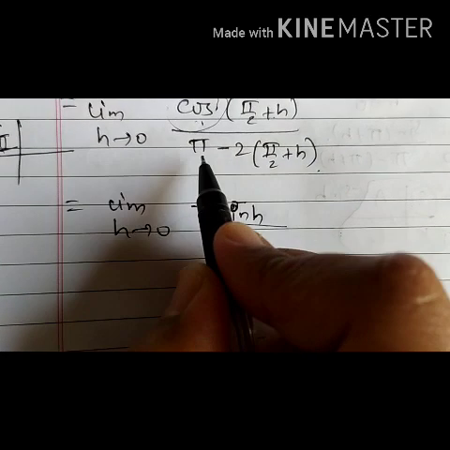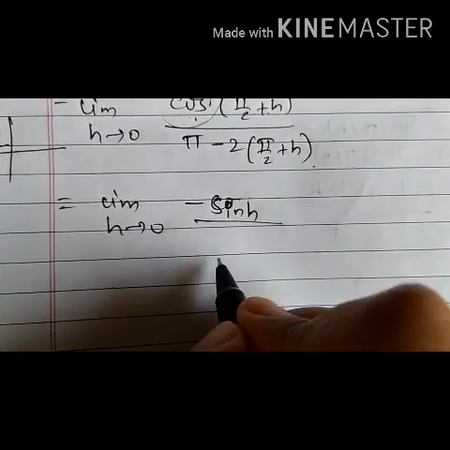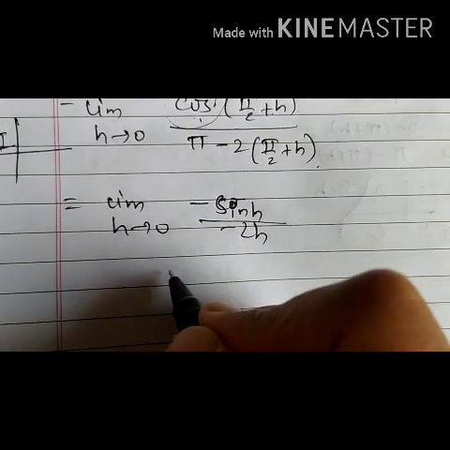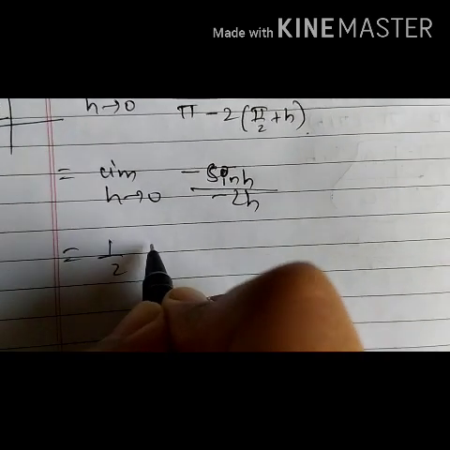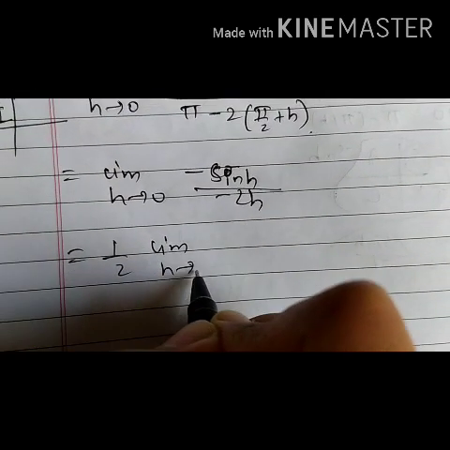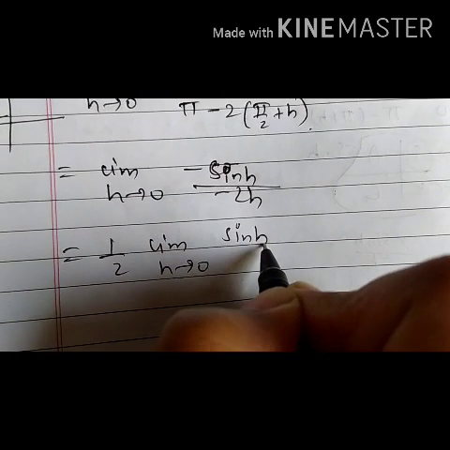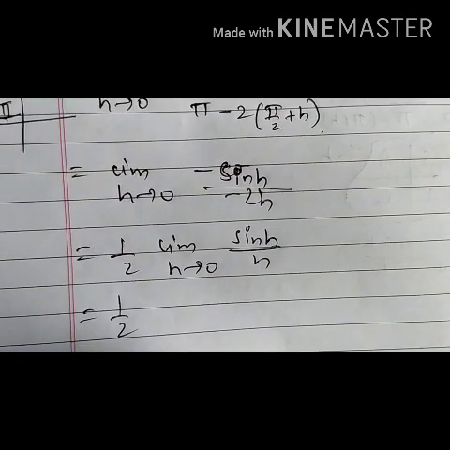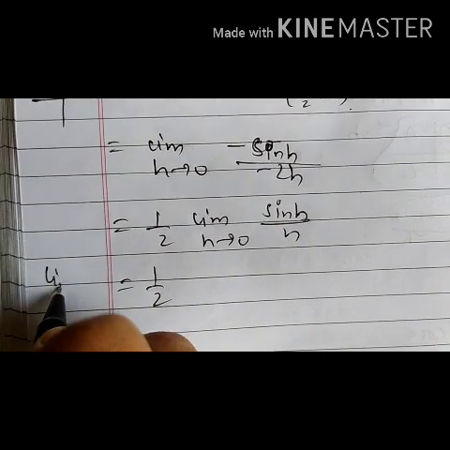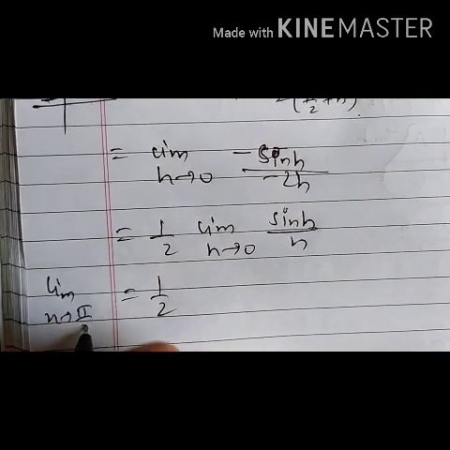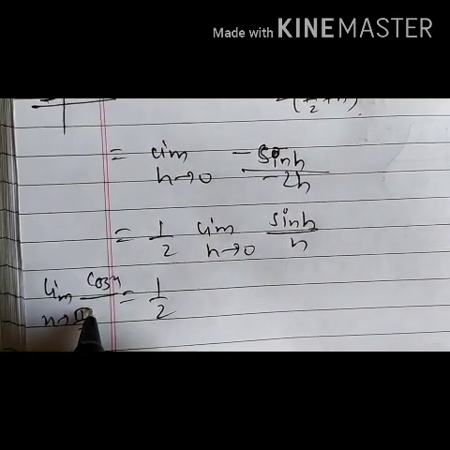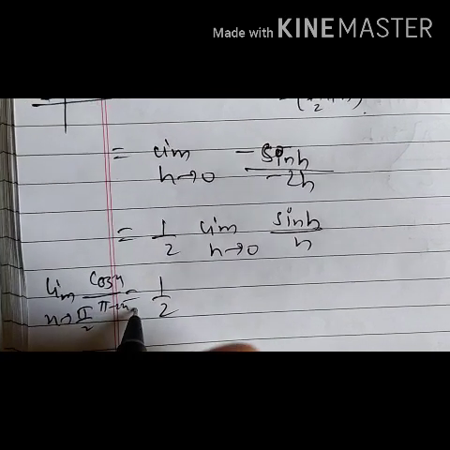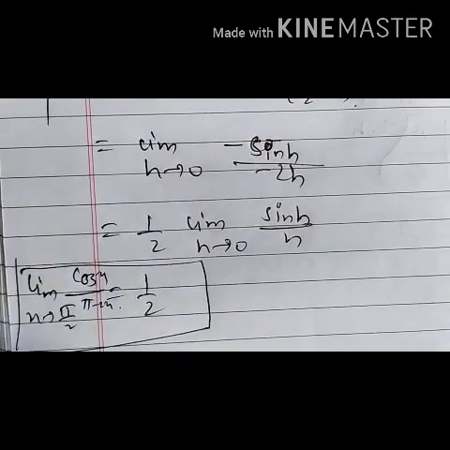So 2 will get cancelled, pi minus pi is 0, and minus 2h, minus minus cancel, 1 by 2 outside. It will be the limit as h tends to 0 of sine h upon h, that is 1. So it is equal to 1 by 2. So the limit as x tends to pi by 2 of cos x upon pi minus 2x is equal to 1 by 2. Understood?